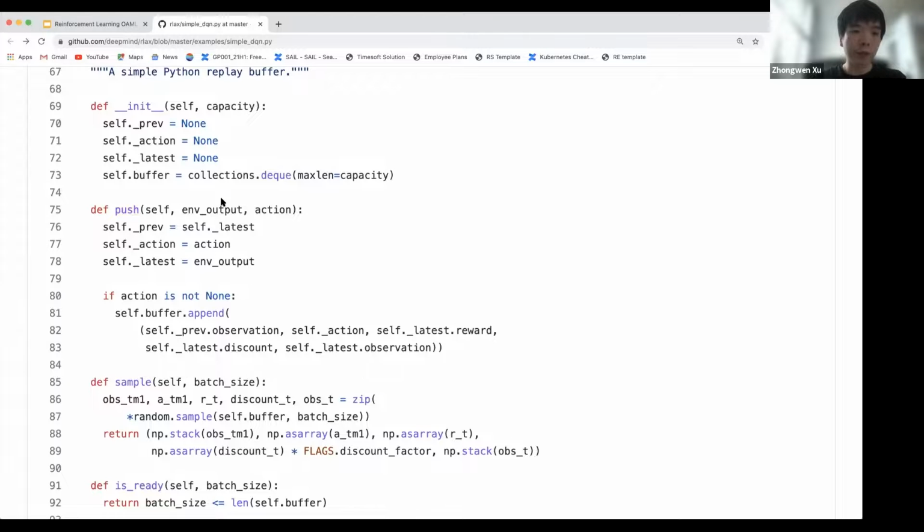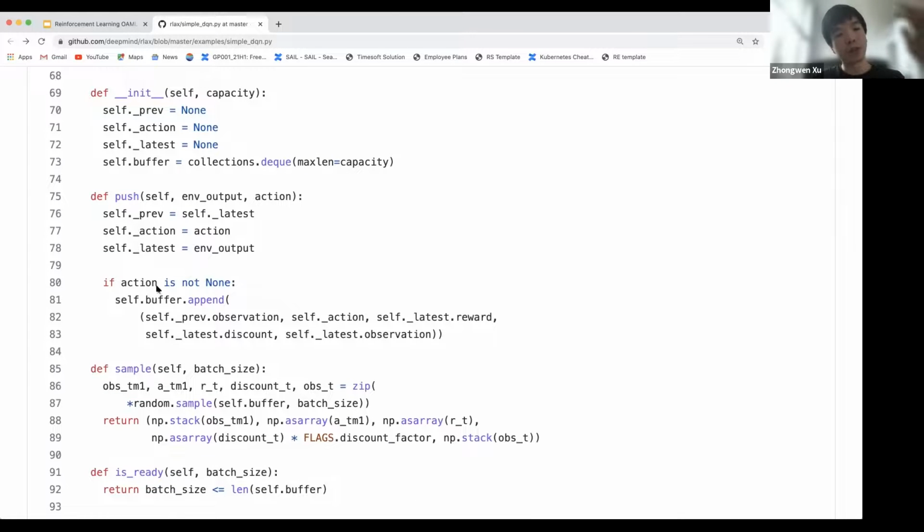I think it's the same thing. So basically, it just appends the current data, including the observation, the state, the action that is the A, the reward, which is the R, and then the discount gamma, and the latest observation, which is essentially the next time step state, which is S_{t+1}.